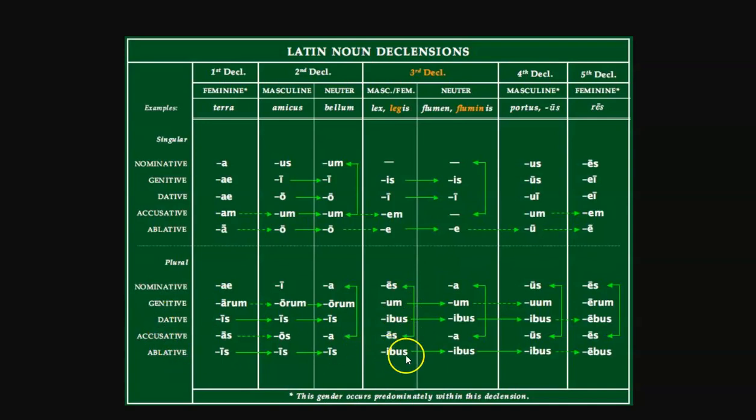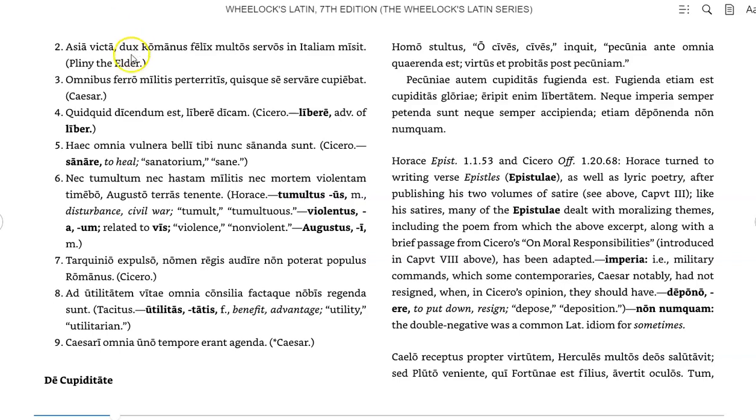So third declension ablative plural is ibus. So we keep that ending in mind, and that's important for a number of reasons. Foremost among them is this tells us that because it's third declension, we have to translate this in the present tense. And then here is kind of our participle here.